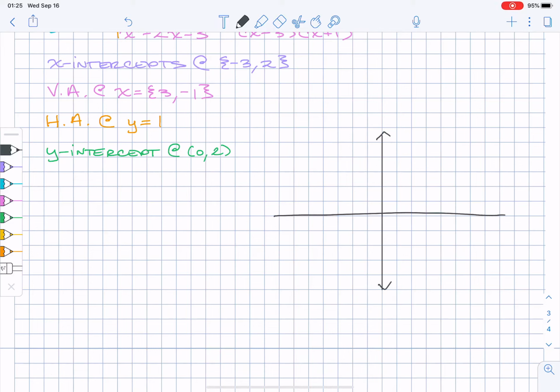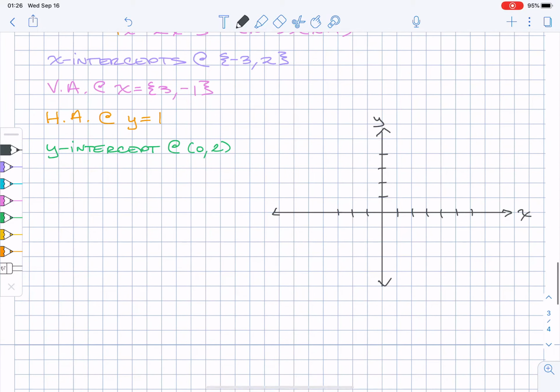Don't understand. There we go. X and y. Let's see. 1, 2, 3, 4, 5, 6. 1, 2, 3, 4. 1, 2, 3. Oops. 3, 4, 5, 6. 1, 2, 3, 4.